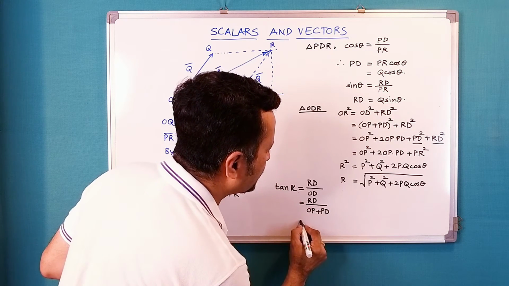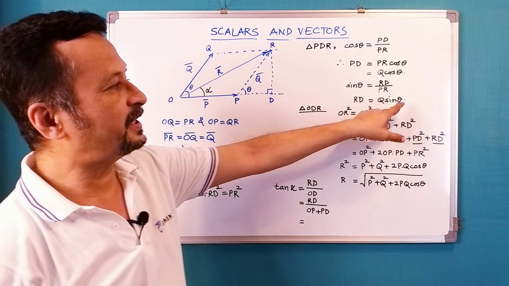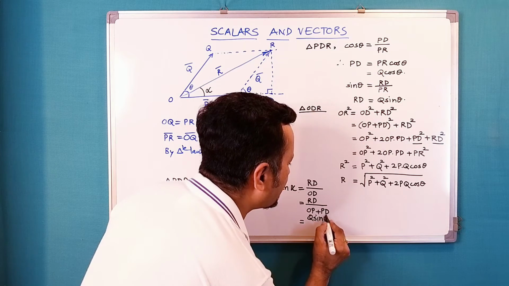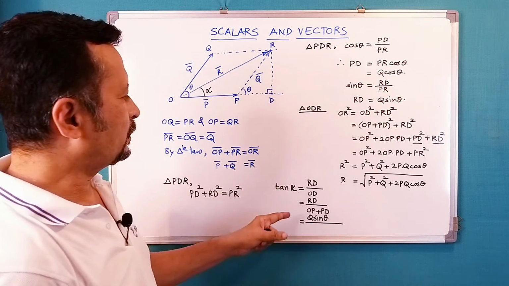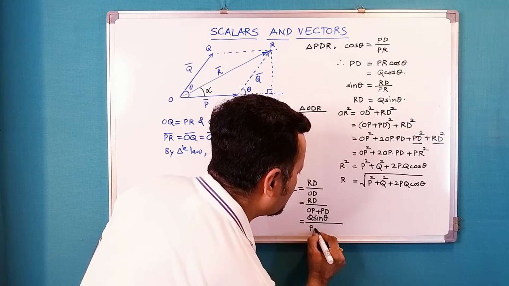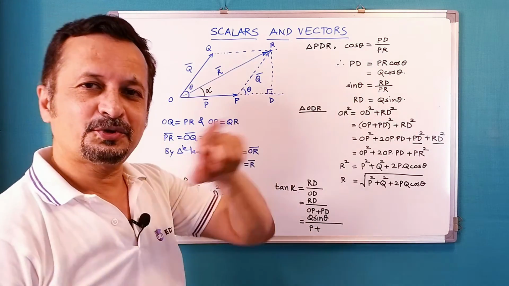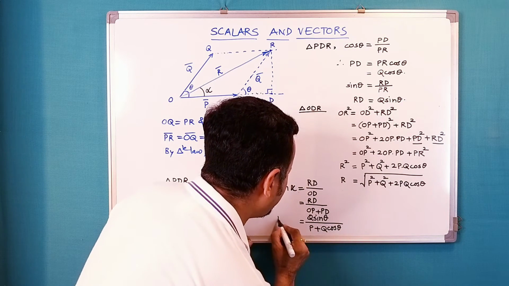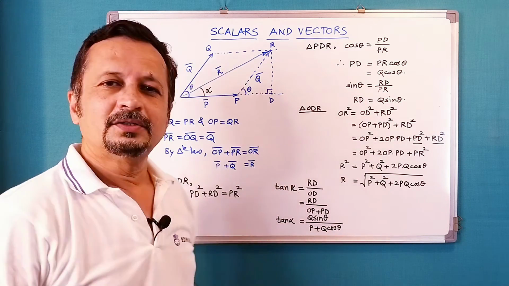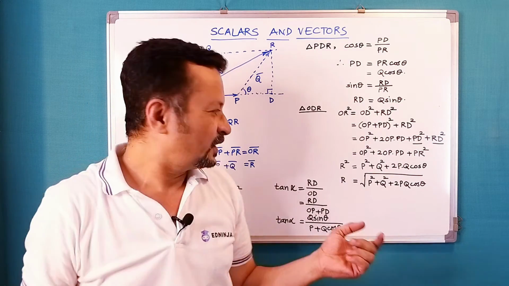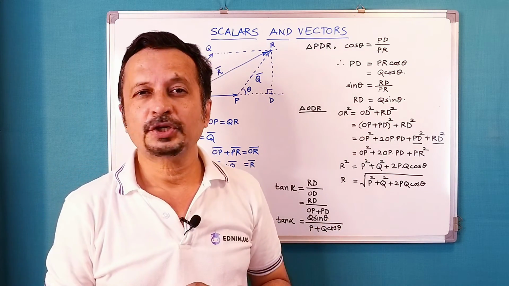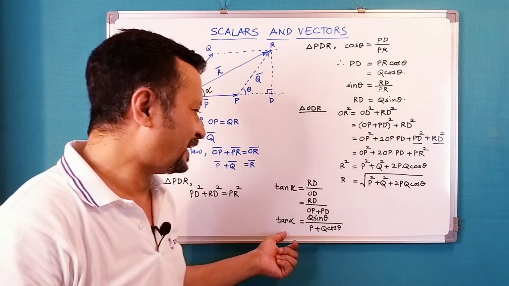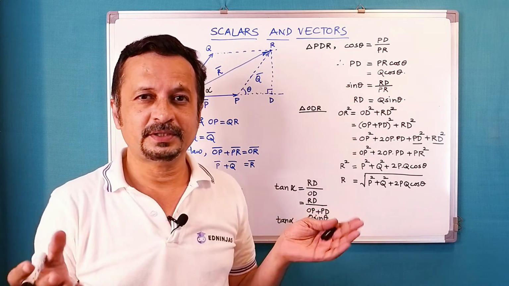My RD is Q sin theta, divided by OP, which is P, plus PD, which is Q cos theta. So tan alpha is Q sin theta upon P plus Q cos theta, right? I know angle theta, I know P, I know Q, so I know tan alpha. Is it not simple? Yes, it is.